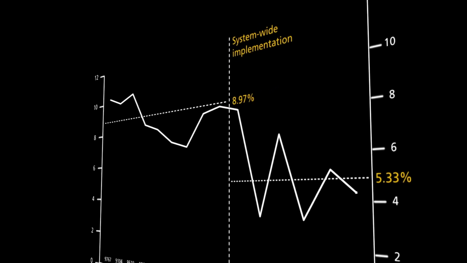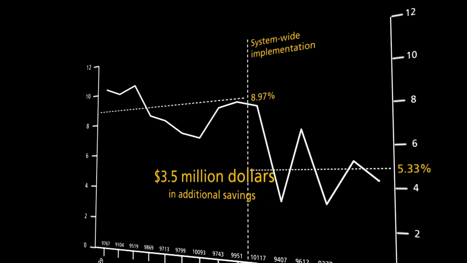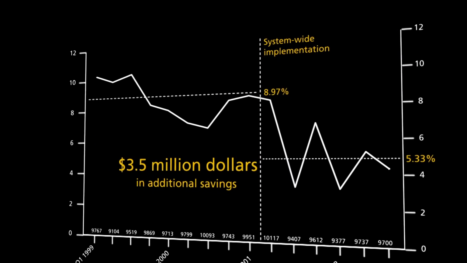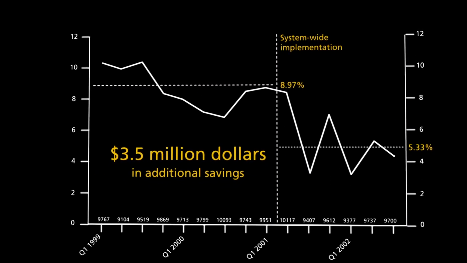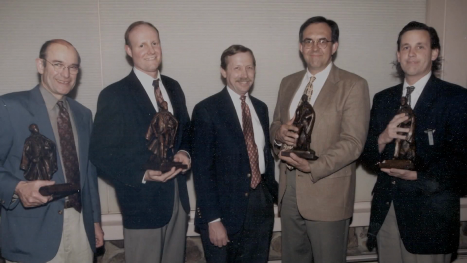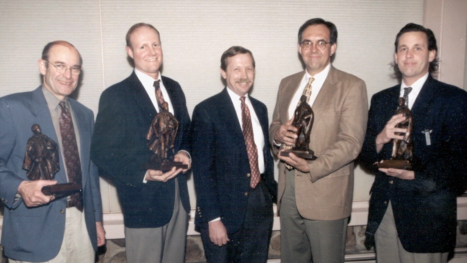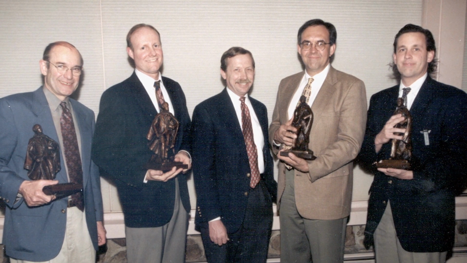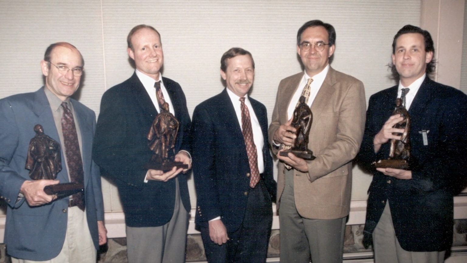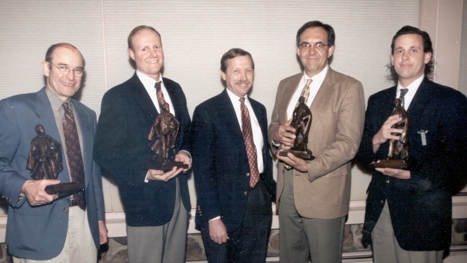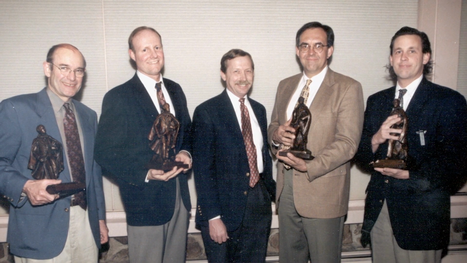You're looking at an additional $3.5 million in net cost savings across our system in 2002 dollars. I think we would all agree in looking at these data that John Burke's team achieved a better medical outcome. That fall in infection rates translates into, well, not just suffering, but into lives.